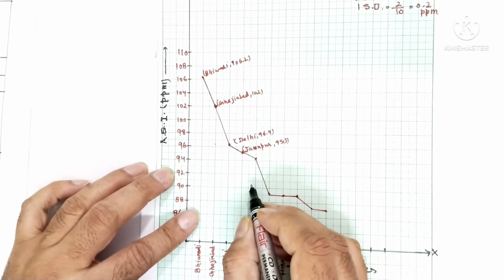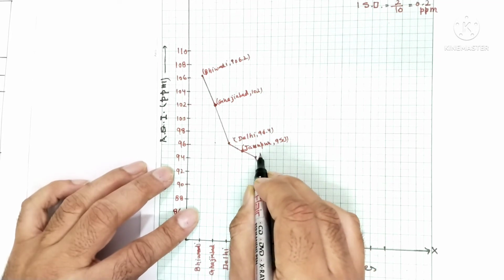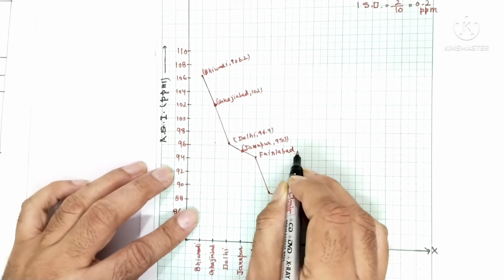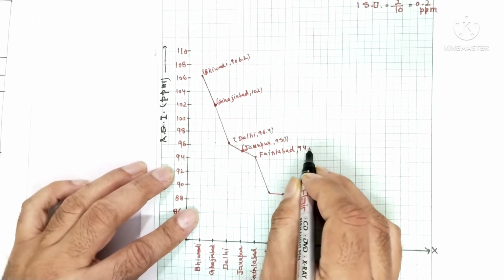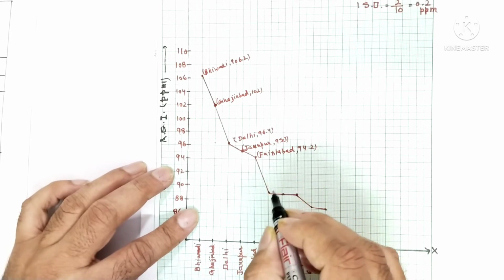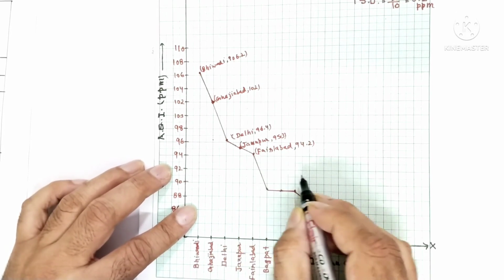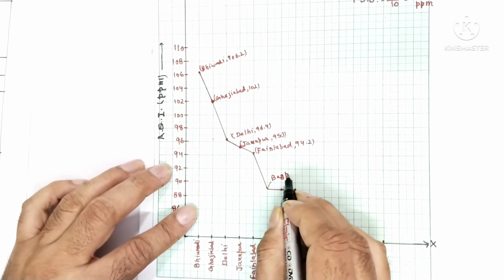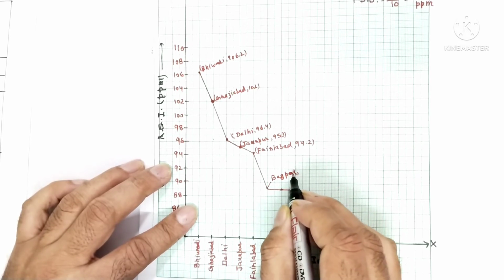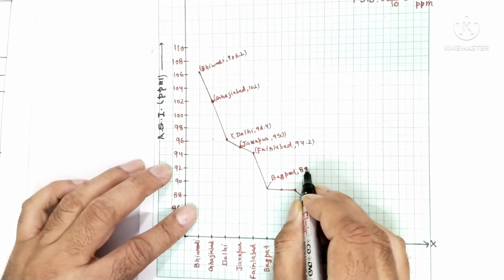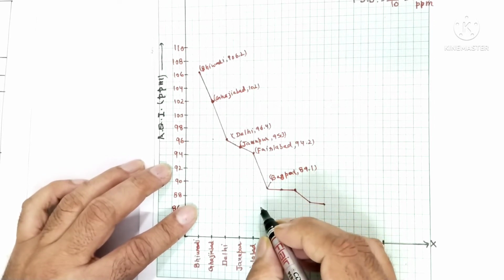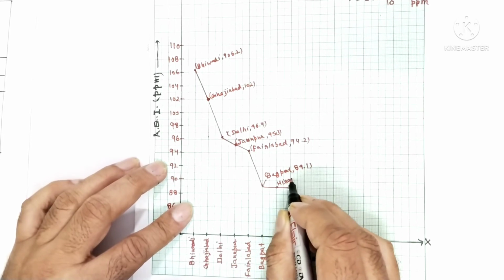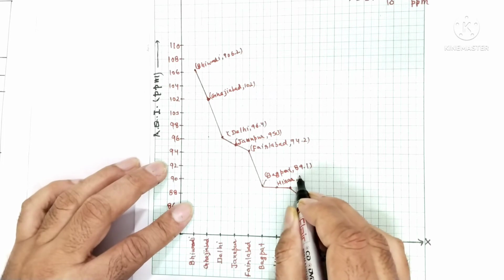95.3. Next is Faisalabad. Faisalabad is in Punjab and it is 94.2 in the bracket. Next is Bagpat, and Bagpat's air quality index was 89.1. So next is Hisar in Haryana. Hisar, the air quality index is 89.